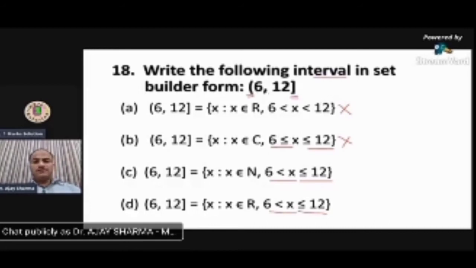Whenever we talk about intervals, we are not talking about natural numbers. We are always talking about real numbers. So the correct answer is option D. All those real numbers which are greater than 6 and less than or equal to 12 will be the elements of this set. Answer D is correct.